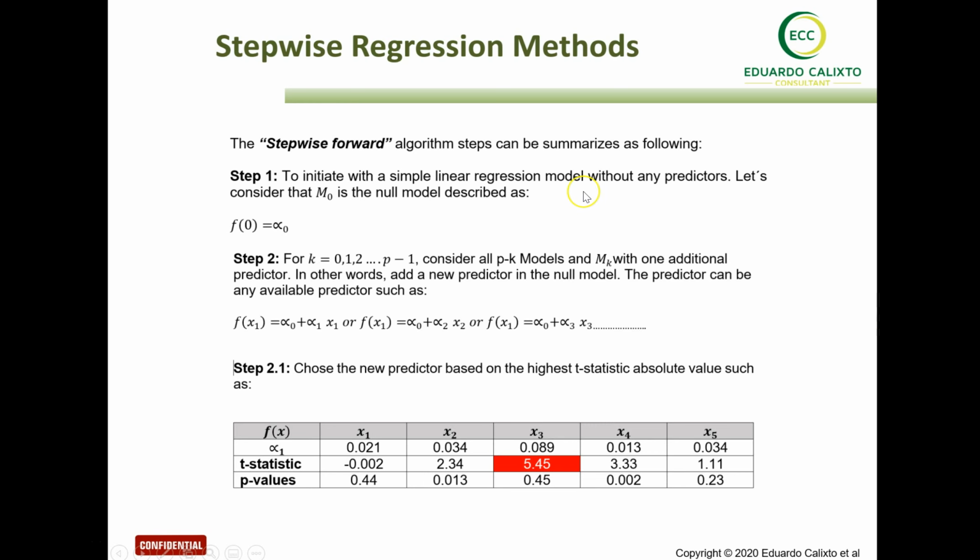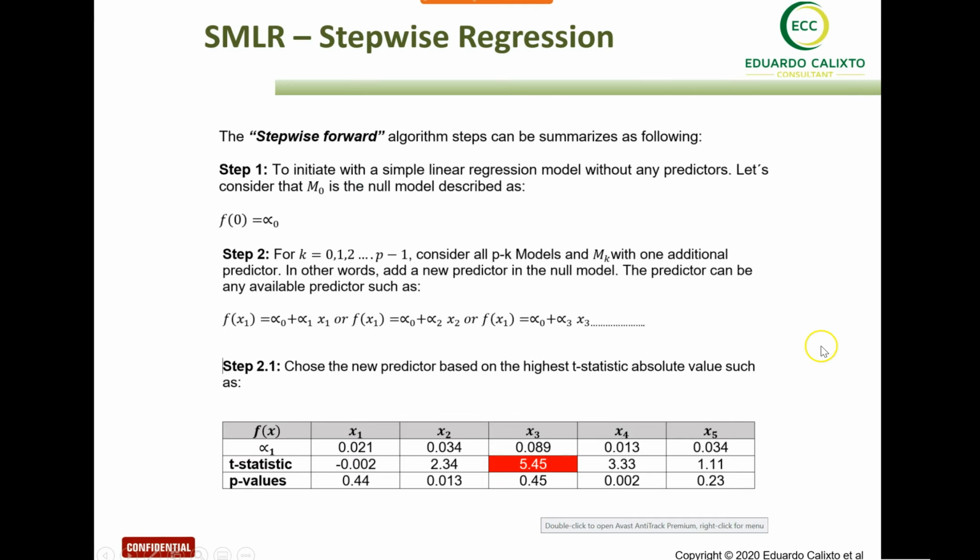The stepwise regression methodology has some steps that you need to implement one by one in order to define the independent variables that will be part of your regression method. What happens when we have a linear regression is that we can have a multi-linear regression, which means we consider a lot of independent variables.